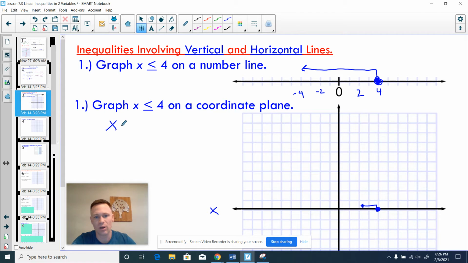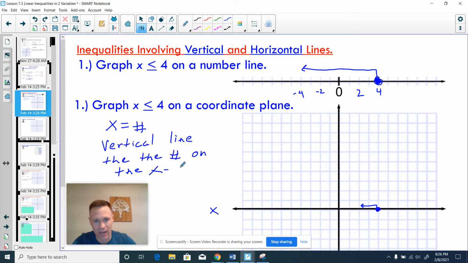So anytime you have the equation form x equals some number, that is always a vertical line through the number on the x-axis, right? That's something we should remember from graphing vertical and horizontal lines.